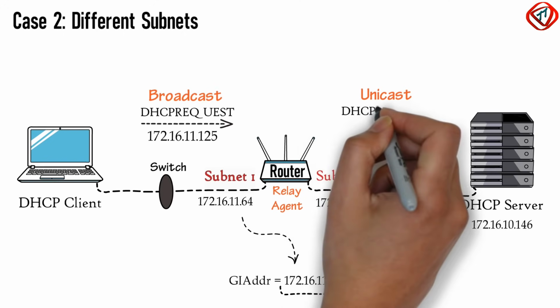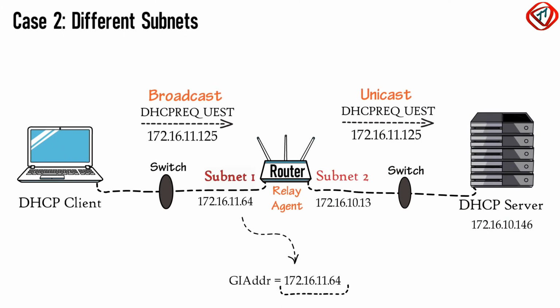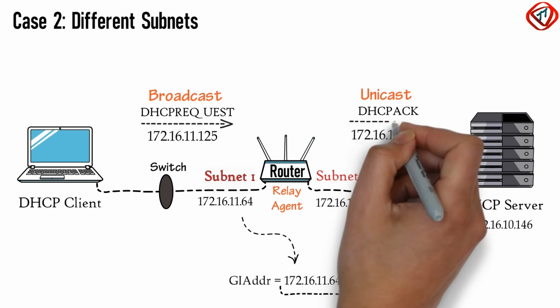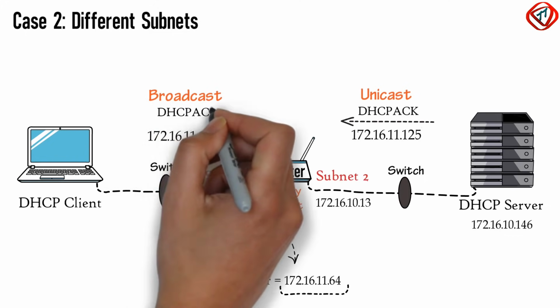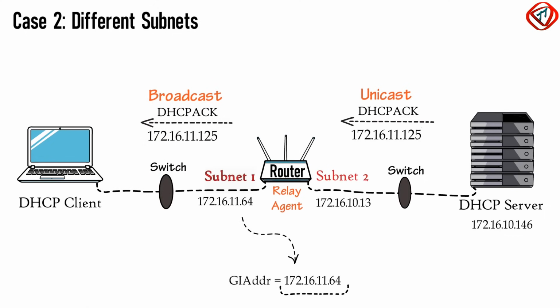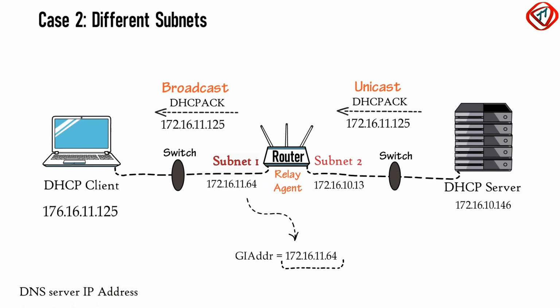Router again unicasts this message to the DHCP server. The server unicasts the acknowledgement message to the router. The router then broadcasts it within the subnet. DHCP client, on receiving the acknowledgement message, configures the TCP IP settings and becomes ready to load the web pages.